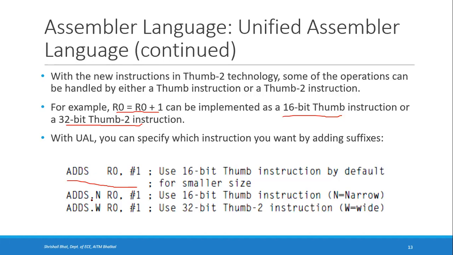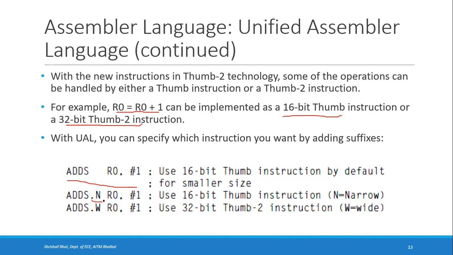Suppose you want to specifically make it a 16-bit instruction, you can use the suffix .N. This .N will make use of the 16-bit thumb instruction for any given instruction. If you use ADDS.N R0, #1, the instruction will be a 16-bit thumb instruction.